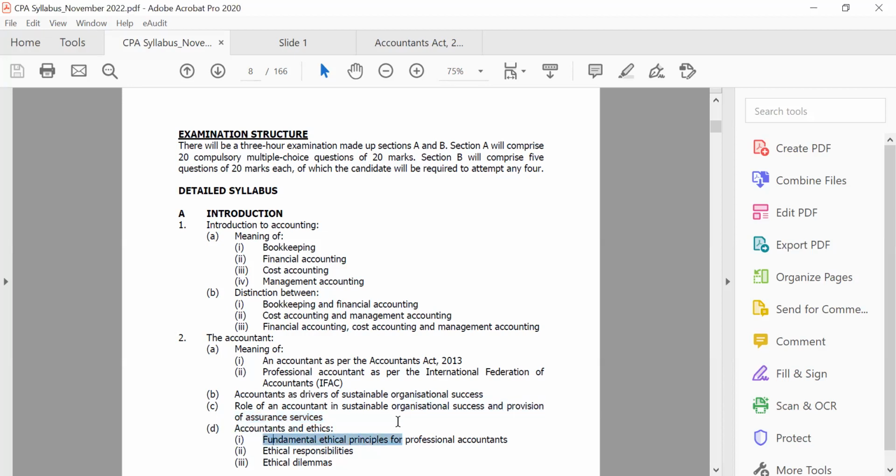So very important. Then the other are the fundamental ethical principles of professional accountants. Now, in providing information, helping businesses remain sustainable and succeed, there are certain principles that we must uphold. There are certain principles that we must uphold as accountants, okay?